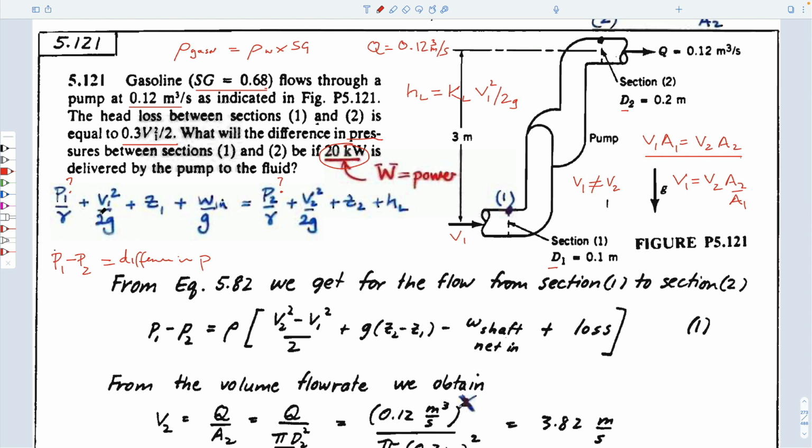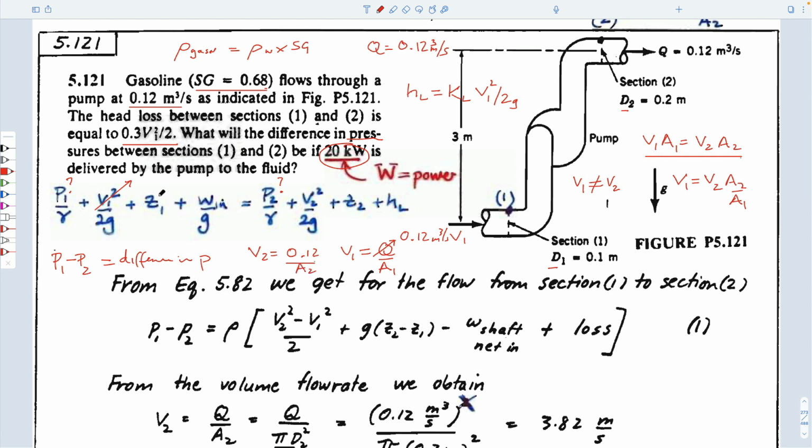We do know what V1 is. V1 is equal to Q over A1, which is 0.12 over A1. And we also know that V2 is equal to 0.12 cubic meters per second over A2.